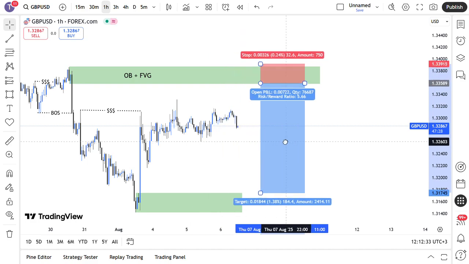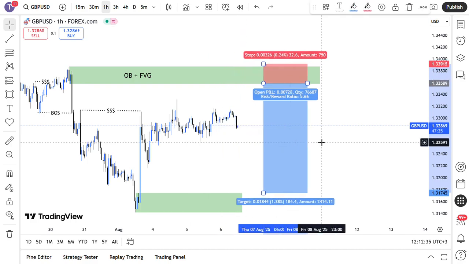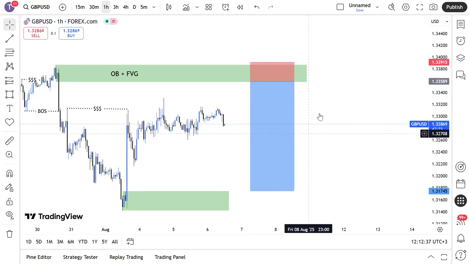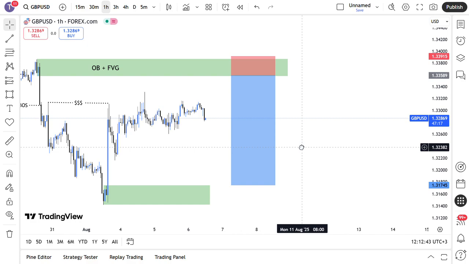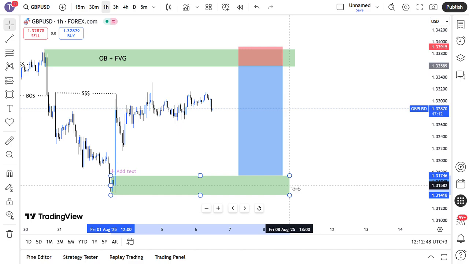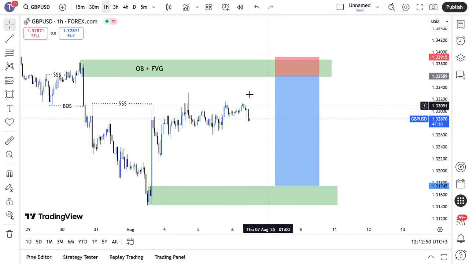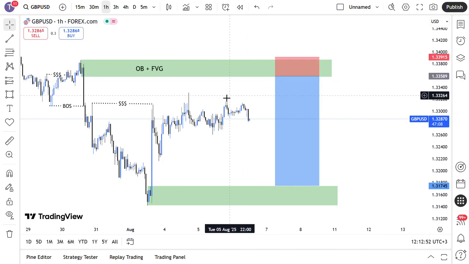And if we don't find a good change of character, that means if the structure will be forming to the downside, we will look for a trade to jump into the trend to the downside. So that is it. I expect selling pressure from this high.